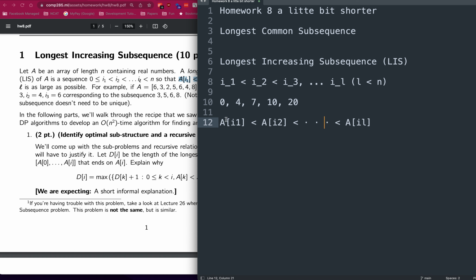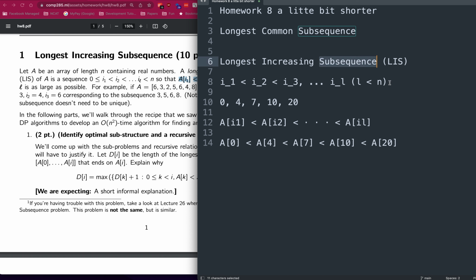So if you look at A[0], then A[4], A[7], A[10], and A[20], these values are strictly increasing. This would be a valid increasing subsequence.